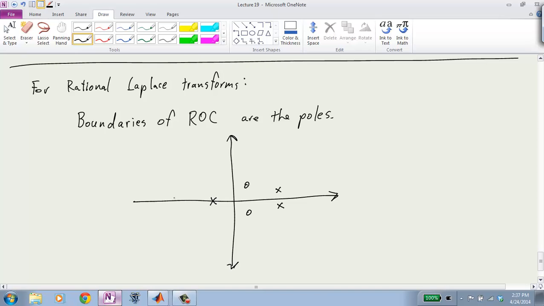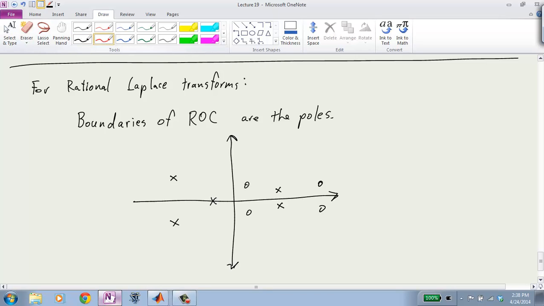So if I have a bunch of poles and zeros, there are several possible regions of convergence for this rational Laplace transform, but not as many as you might think. So we can list out what the possible regions of convergence are.